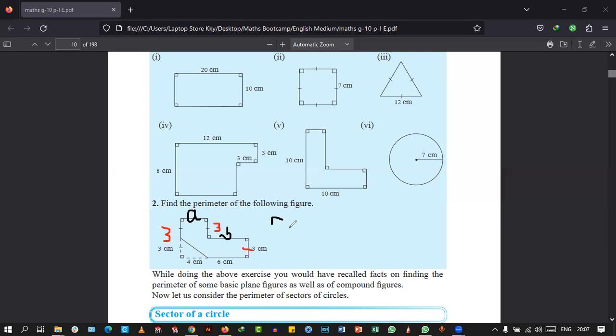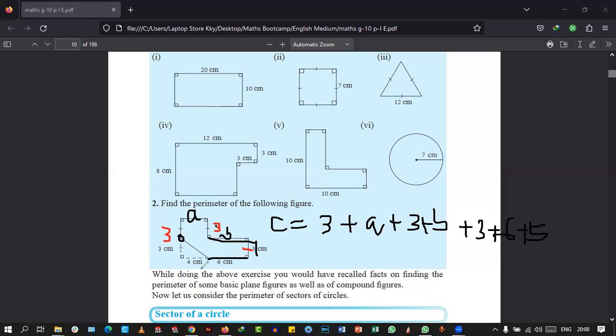Okay, so then you can write it as perimeter. So then it will be 3. I'm starting it from here. So it will be 3 plus a plus 3 plus b, this length, plus this length, 3 plus 6 plus 5.